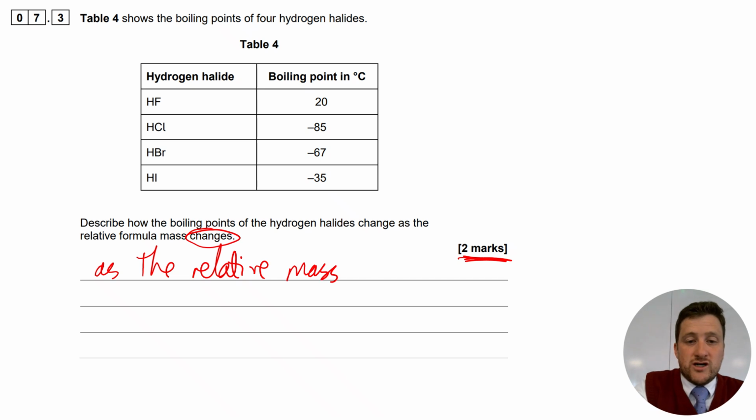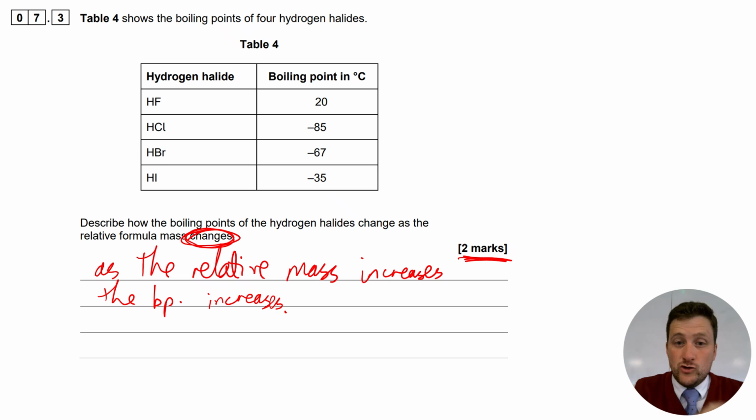Whenever it says the word changes, you need to be thinking it's either increase or it's decrease. It's one or the other. So as the relative mass increases, the boiling point increases.